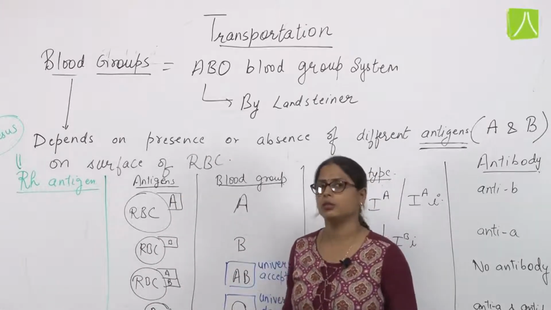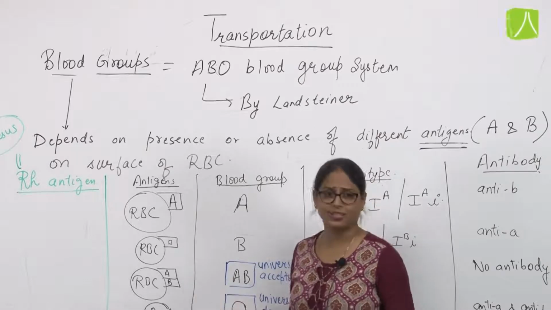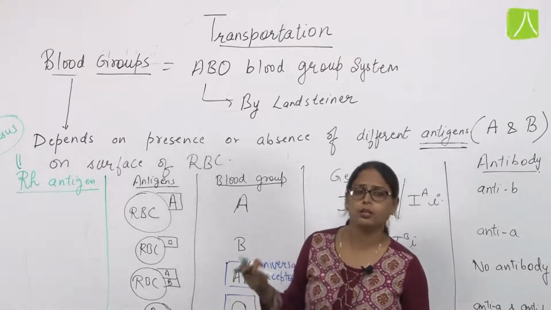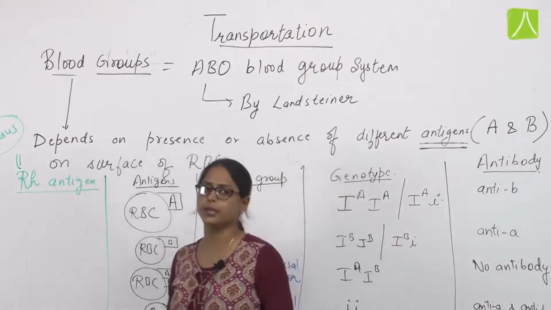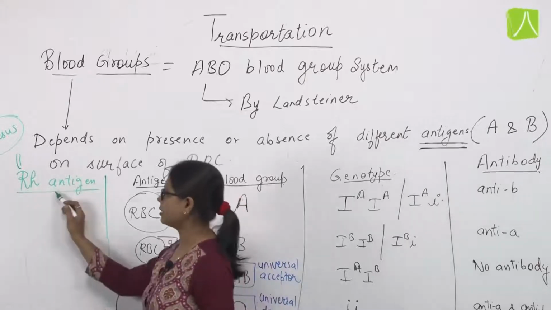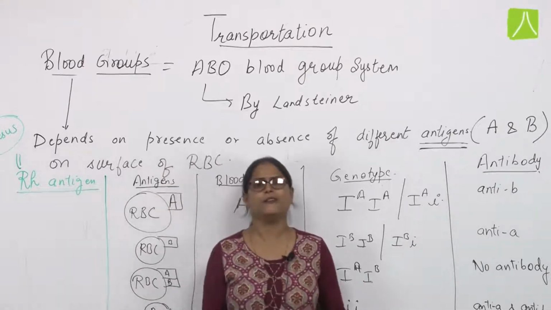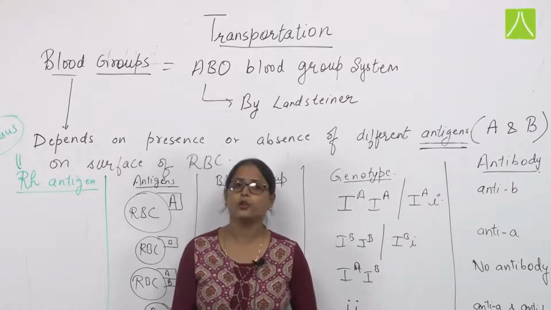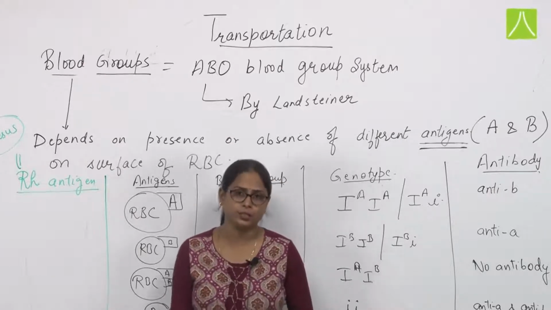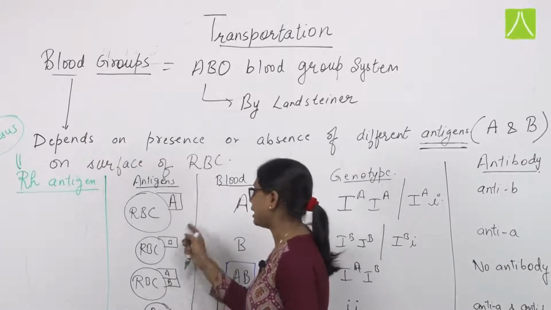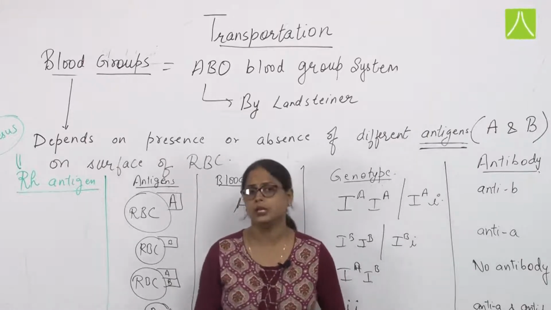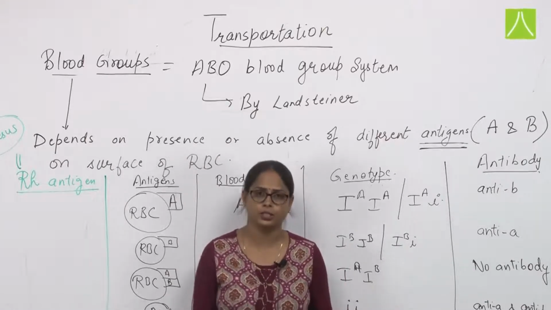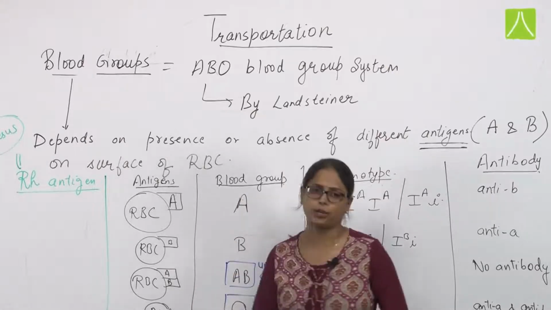During evolution, this RH antigen, which was present in the blood of our rhesus monkey ancestral form, has descended to a few human beings and has not descended to others. So a few people have the RH antigen along with the antigens A and B, and a few human beings do not have this RH antigen along with antigen A or B.